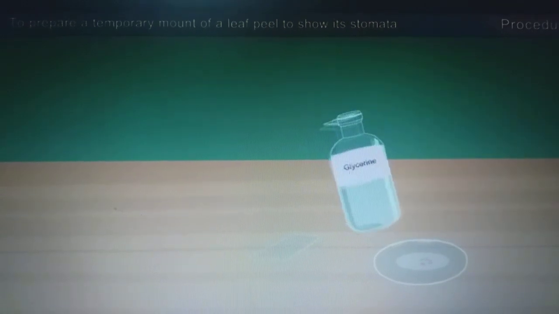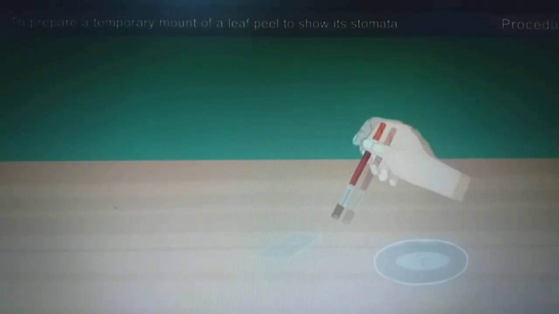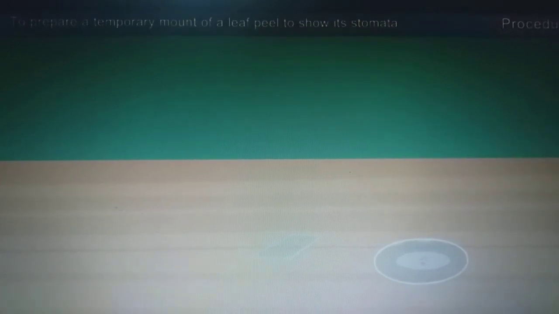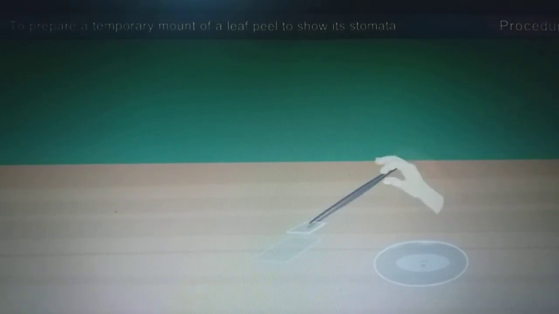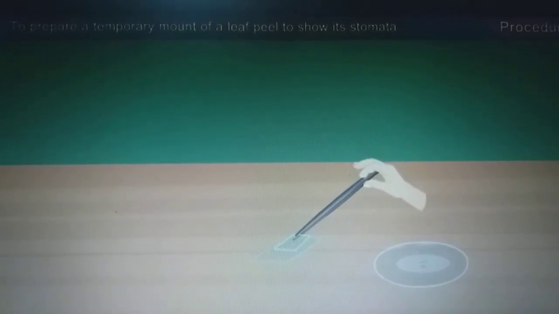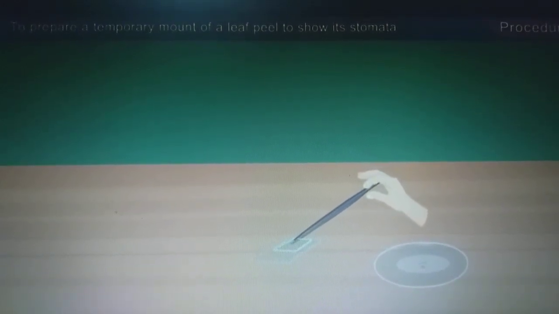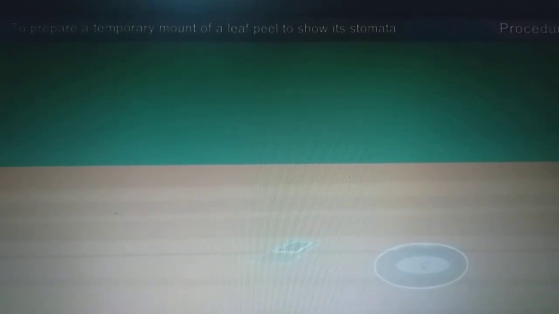Now put a drop of glycerin on the slide. With the help of a brush, transfer a piece of peel on the slide. Now put the cover slip over the peel gently by first making an angle of 45 degrees with the slide with the help of forceps.